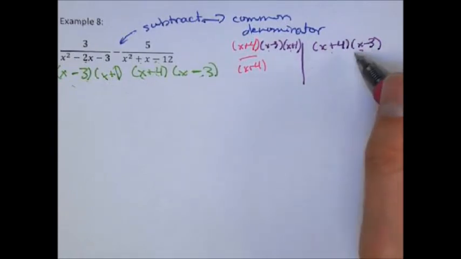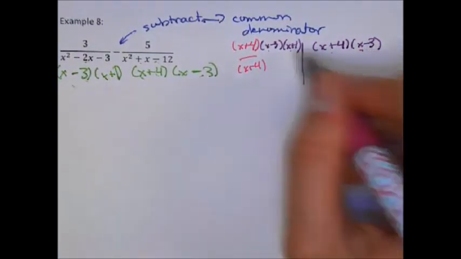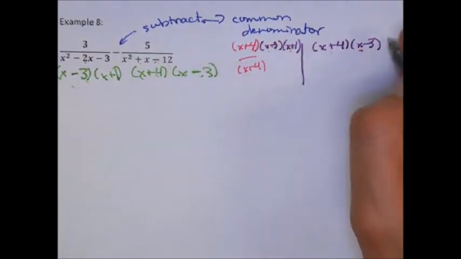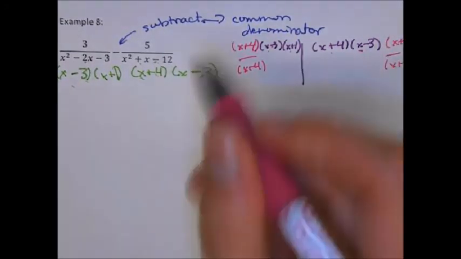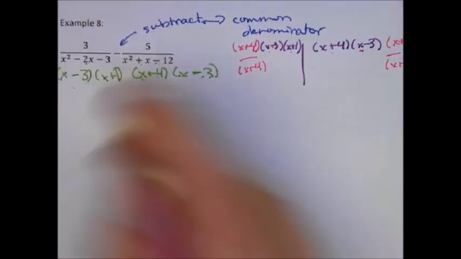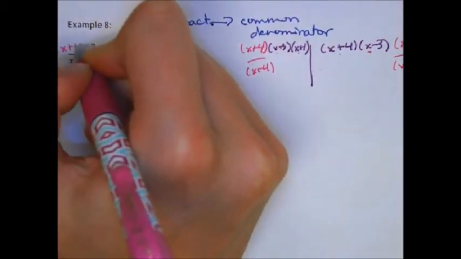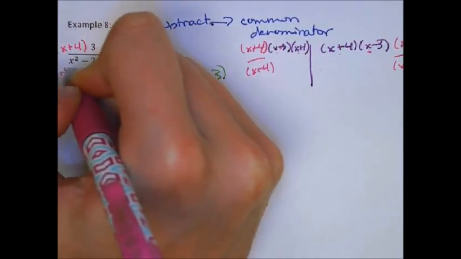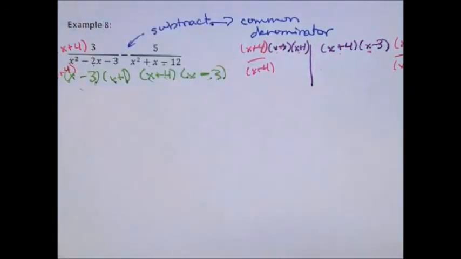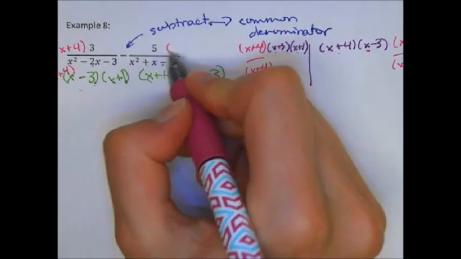And the left has an x minus 3, x plus 1, but not an x plus 4. Okay, so on the left, we're multiplying by x plus 4. On the right, we're multiplying by x plus 1.